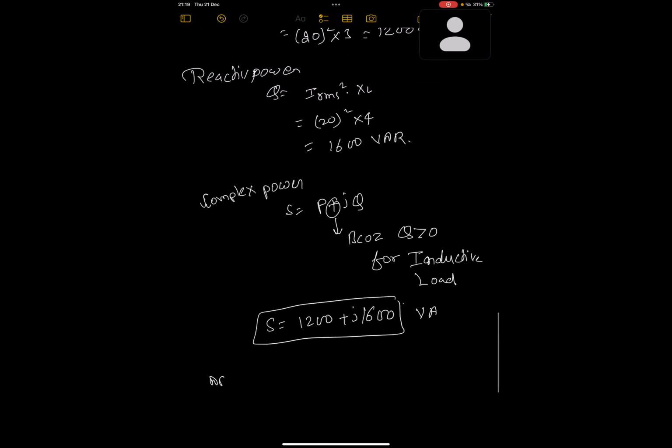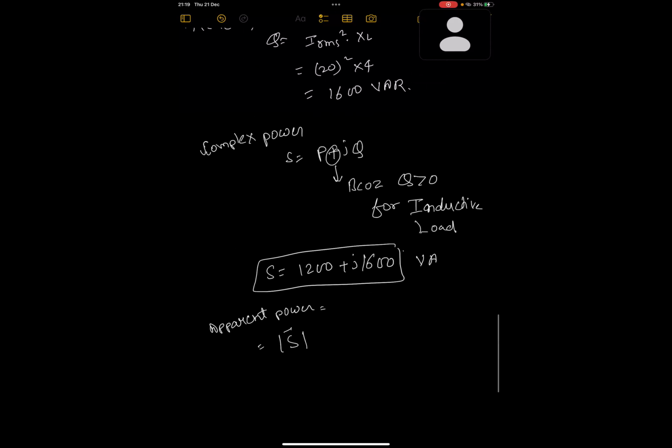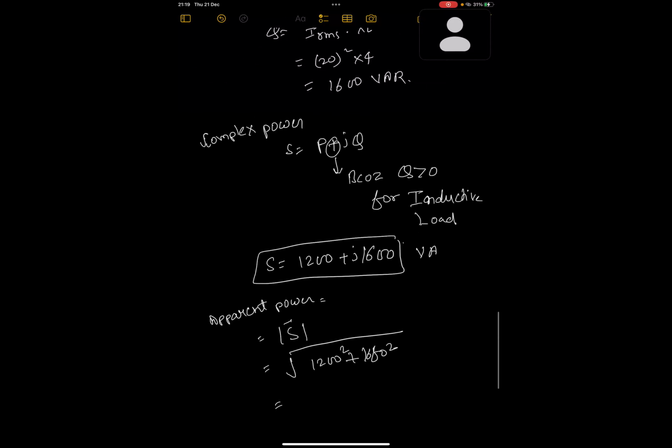If apparent power is asked, then find the mod of that. This will become under root of 1200 square plus 1600 square. Okay, then whatever you get, that is your answer.